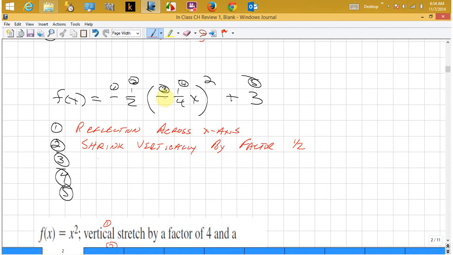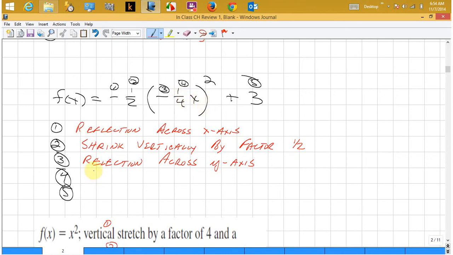The third thing is a negative inside the parentheses, so that's going to reflect across the y-axis. The fourth thing is that inside the parentheses, x is multiplied by 1/4, so that's actually going to be the reciprocal, so it'll be 4 times x.